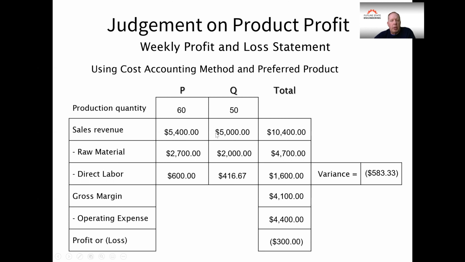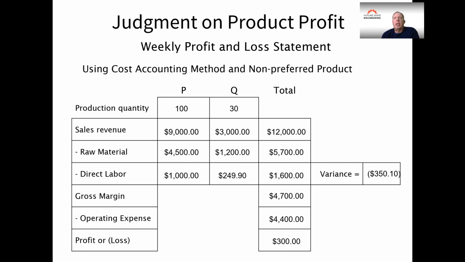So in this case, when we produce all of Q and the remaining capacity to produce P, I run through my P&L, calculate my sales revenue, the materials I need to buy to produce each one, and the direct labor I spend to produce, and I come up with a negative profit at the end of the week. So the question is, now what do we do to improve the profitability of the organization?